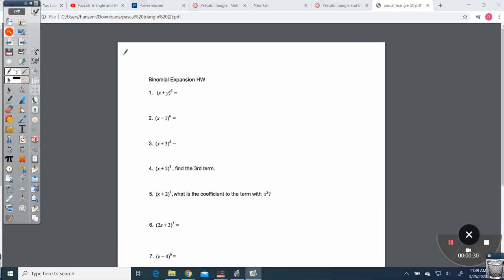I'm going to draw Pascal's triangle real fast over here because that's going to be helpful to us. Yeah, I messed up. That should be a 2 there. There we go. Now it's looking better.